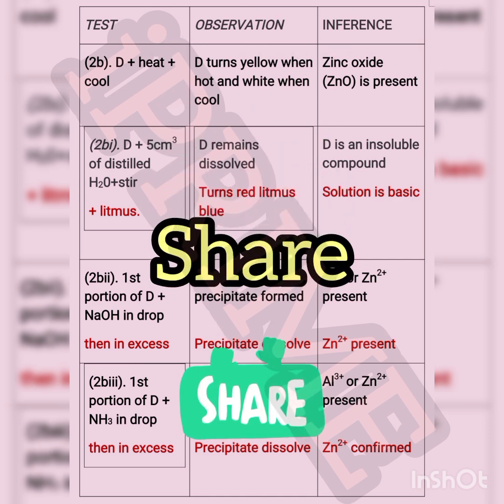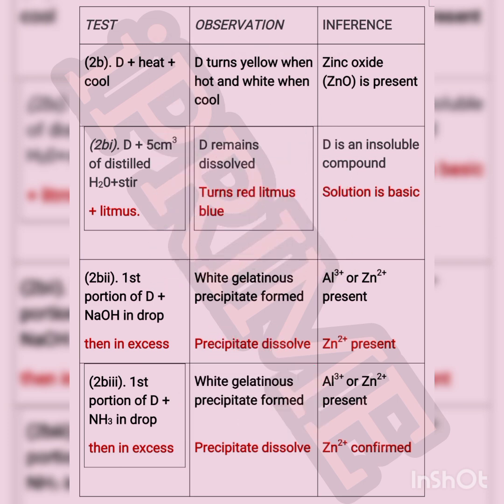Then we have the divided portion of solution D. To the first portion, you are to add sodium hydroxide in drops, then in excess. When you are asked to add in drops, you are expected to test for something, and also when in excess.